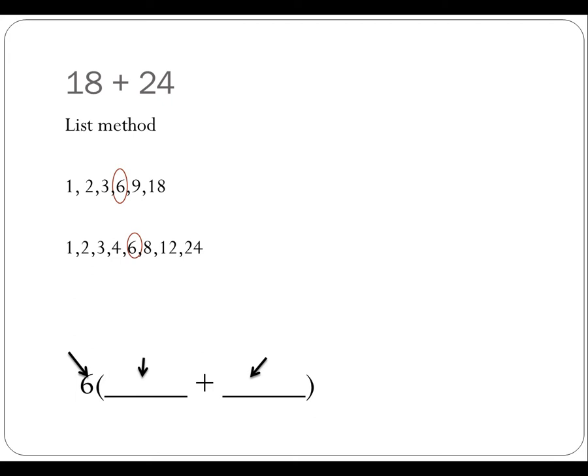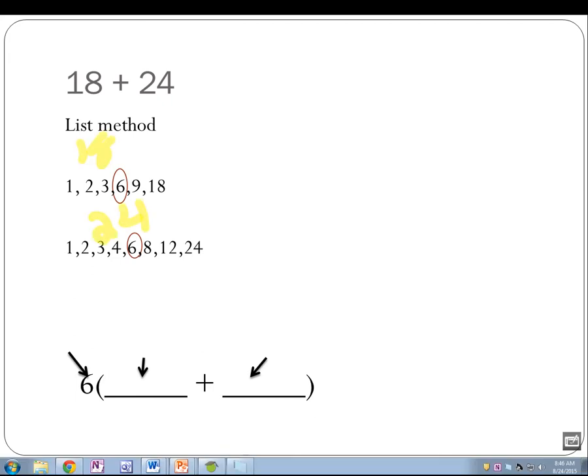So because of 6 being the GCF, we're going to pull 6 out of 18 and 24. Now, this is going to be very similar to the ladder method at this point, because what we're doing is we pulled a 6 out. Then that would leave 2 numbers on the inside.